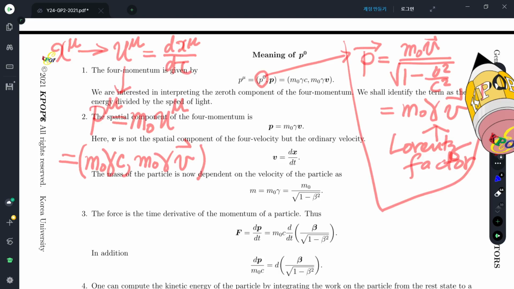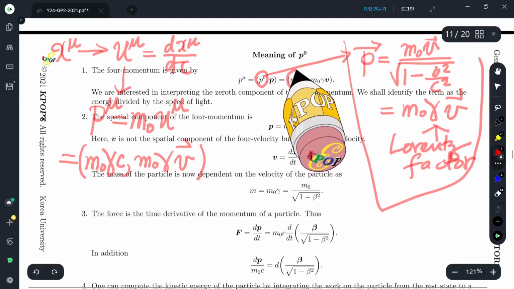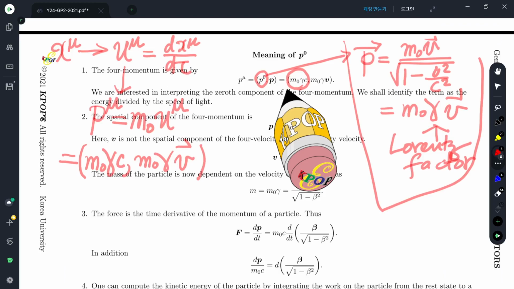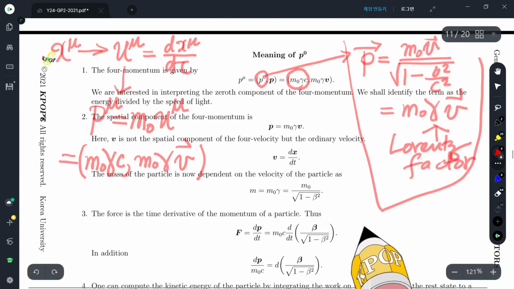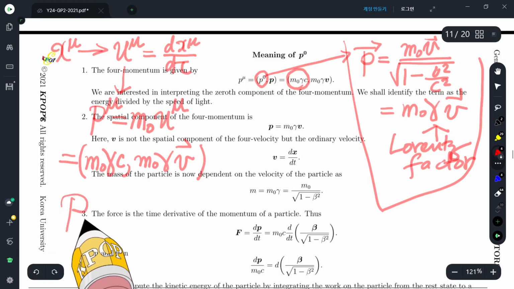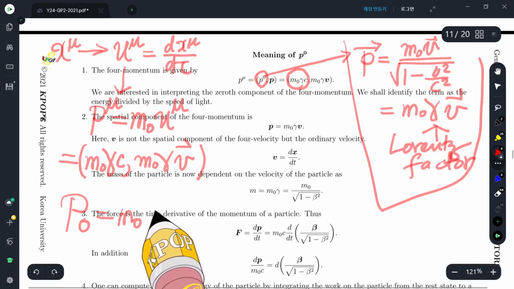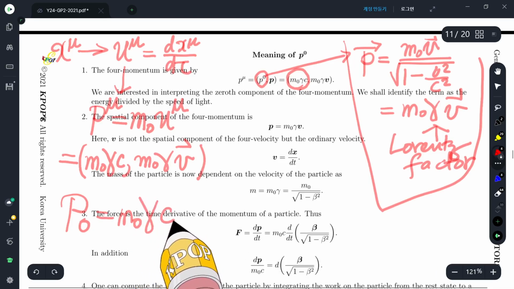And then finally, we have a curious term, that is the time component of the four momentum, p0. p0 is m0 gamma c. We'd like to interpret this one as an energy scaled in units of speed of light. That means m0 gamma c squared divided by c.